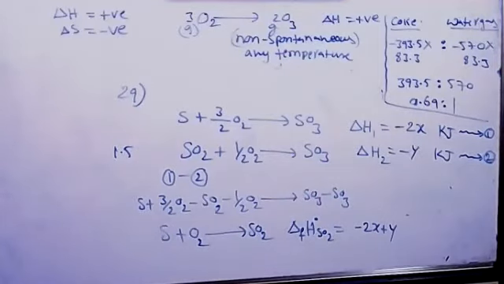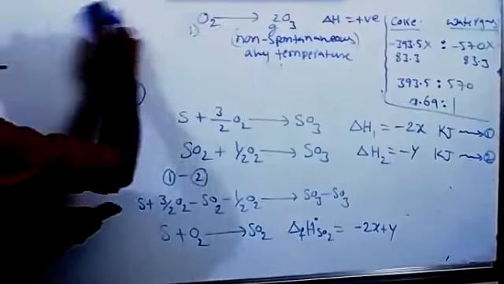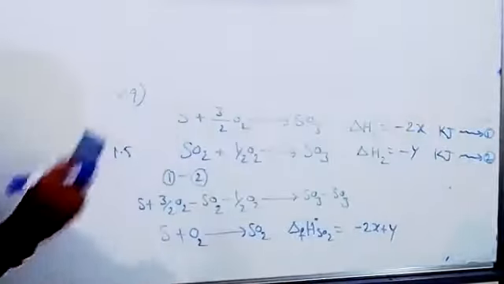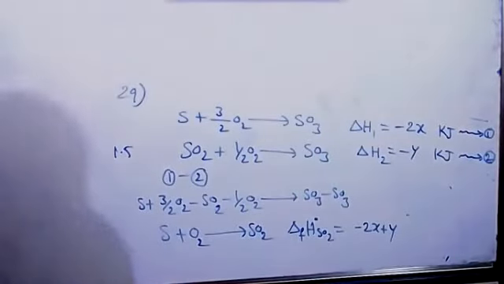But in case of bond enthalpies, we have to write reactant minus product. So to calculate change in entropy or change in enthalpy, mostly we are writing product minus reactant only. But in case of bond energies, write reactant minus product.